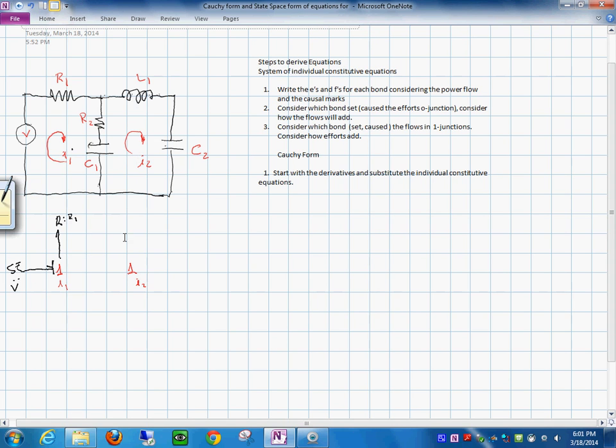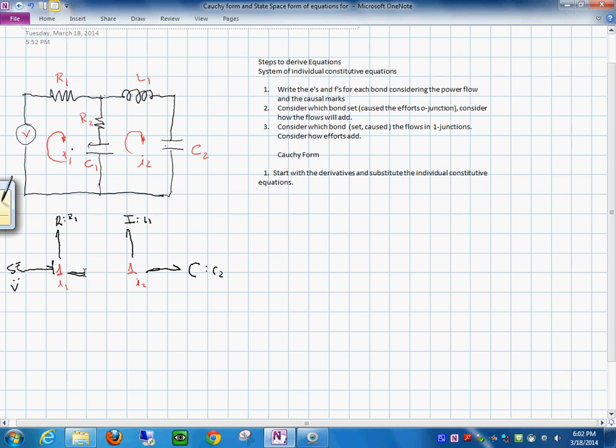Then over here we have an inductor with value L1, and we have this element which is C with value C sub 2, and in between these two we have to create a difference between the currents.